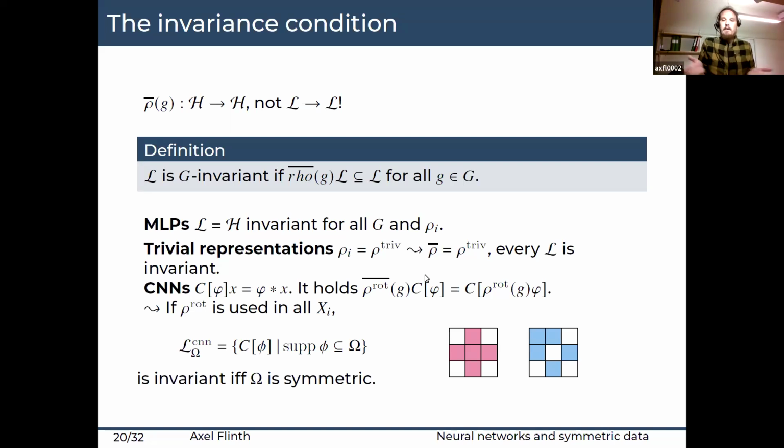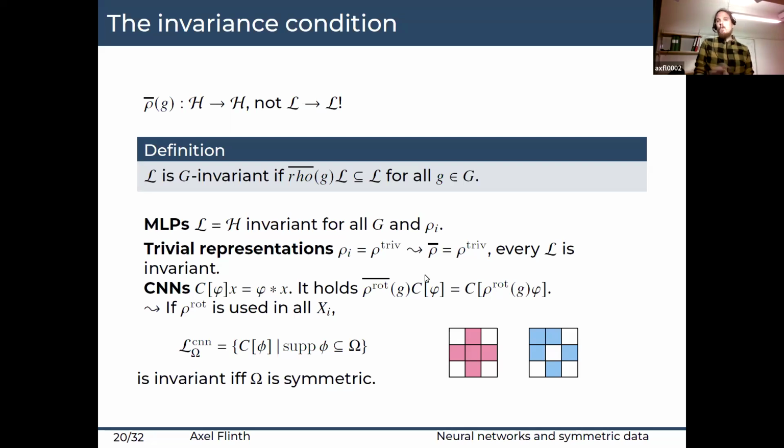If I confine them to the red set, the cross there, then I would obtain an L which is invariant, because if I rotate that cross, it will stay a cross. If I, however, use the asymmetric support on the right, then I will no longer have an invariant L, an invariant architecture. Remember this example because we will use it in an experiment later.